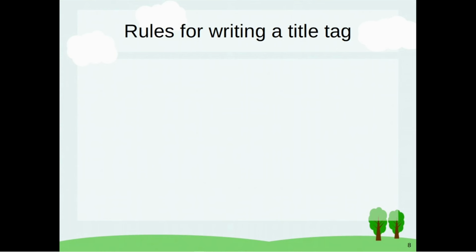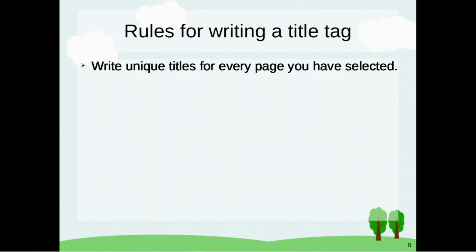The next thing is rules for writing a title tag. Write unique titles for every page you have selected. As I said, duplicates may create copy issues in Google or any search engine you are using, so you have to create very unique titles.